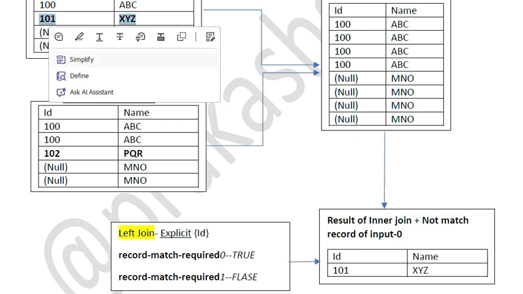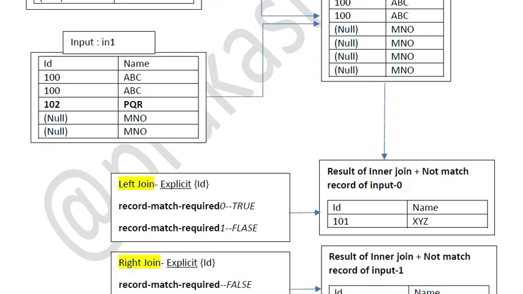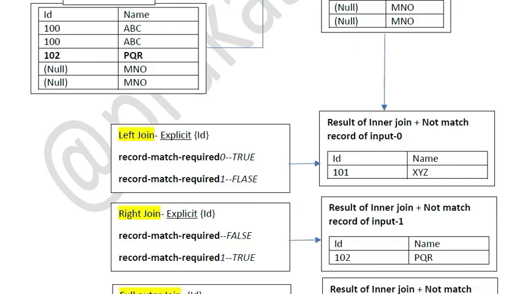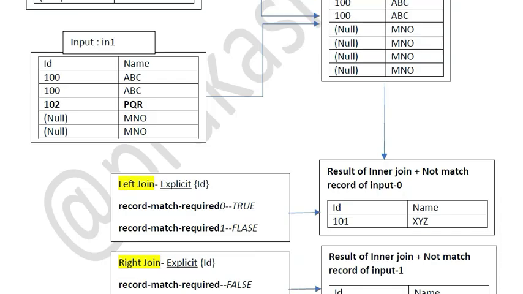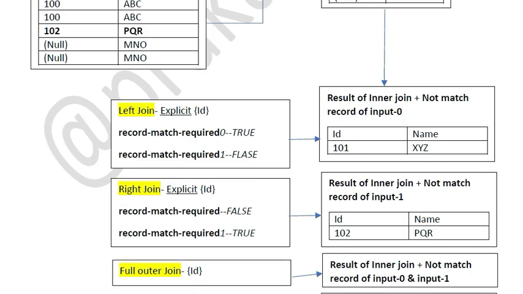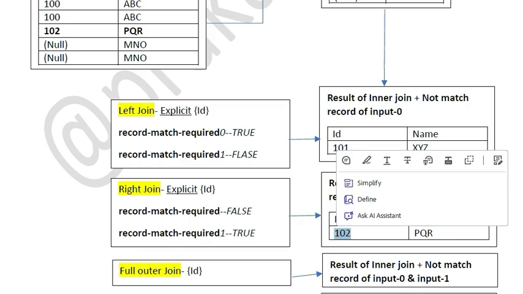So this also will come to your output. This is how left join works. For right join, it is inner join plus the remaining record which is not matched, which will also come to your output. So you can see 102 is additional for right join.